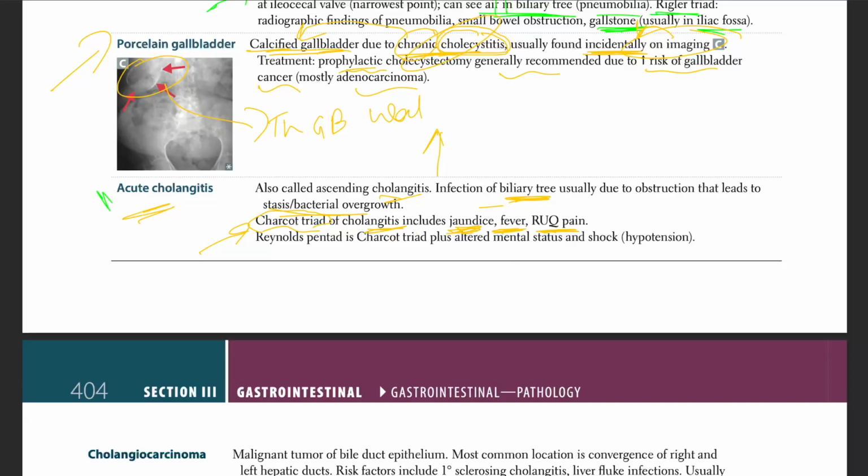Okay. Or you could also have a Reynolds pentad. First of all, you have this Charcot plus altered mental status and shock. Okay. If you were to do imaging here for acute cholangitis, you will see biliary dilation.